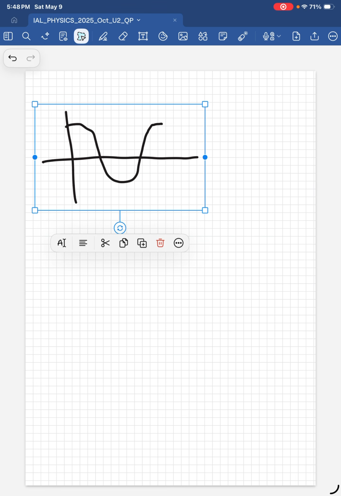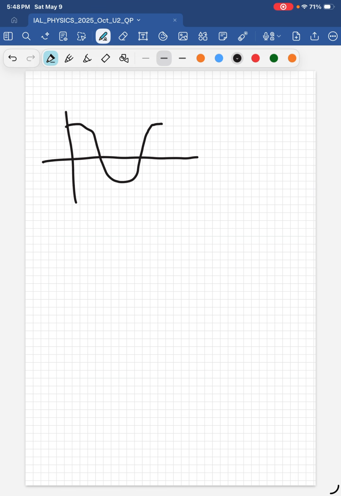Sorry for wasting your time. So it would look like that, and I need 2 more peaks, so something like this.